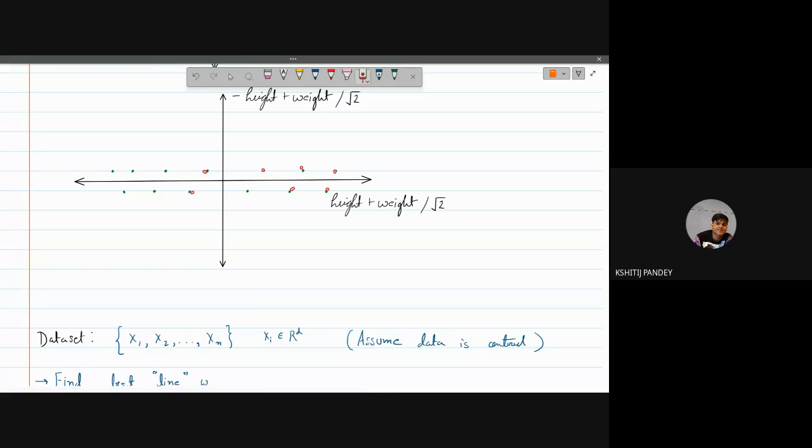Now we again find the best fit line for this. The best fit line for this will be the y-axis in this coordinate system. And why is that? Because what we want is a line with minimum error, and this will be the line with minimum error vector. Is that clear?